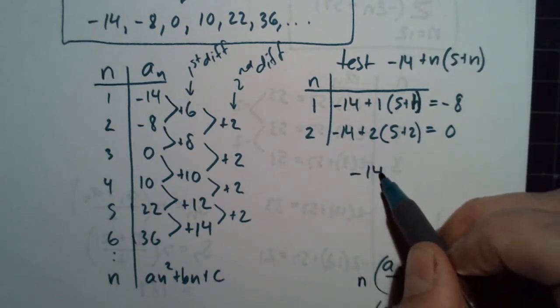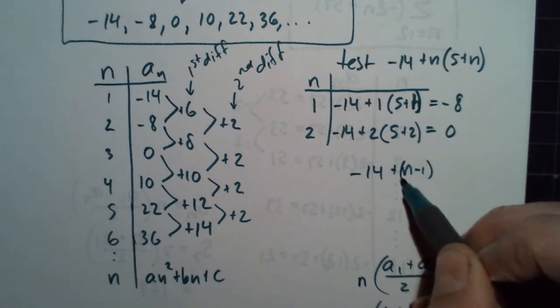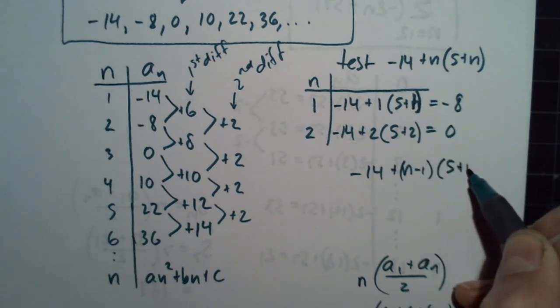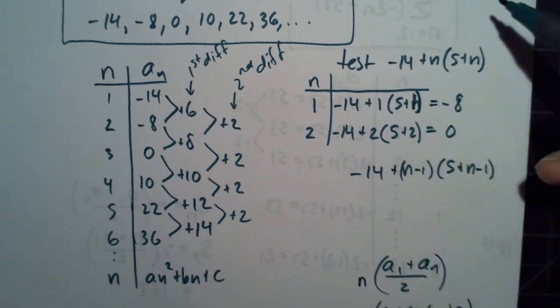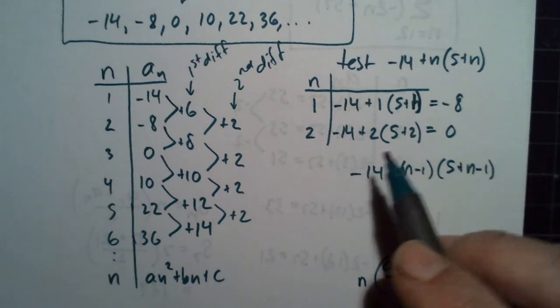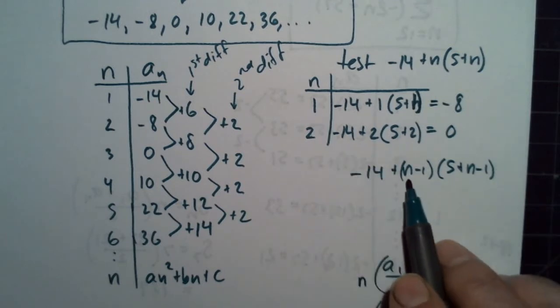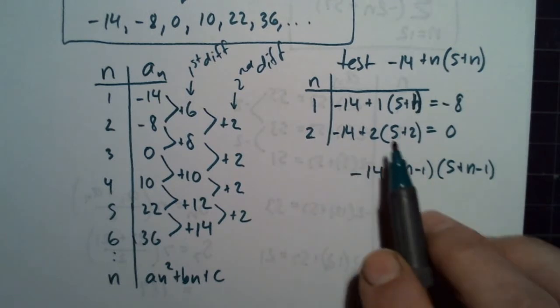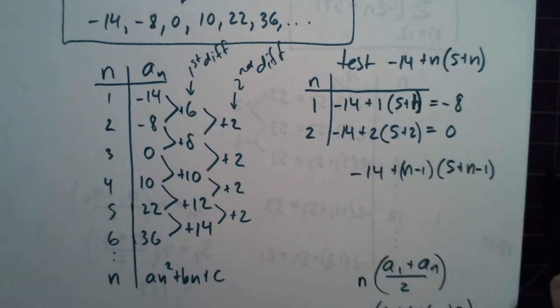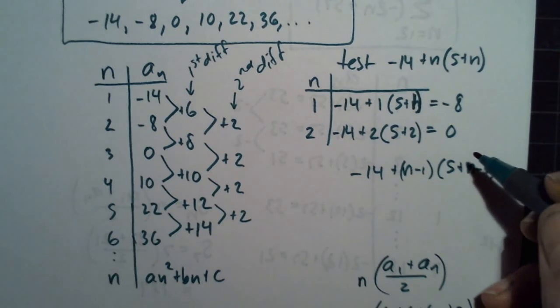So if you go negative 14, change that to an n minus 1, and change that to an n minus 1. Now when I put a 2 in, it will be like I'm putting in a 1, because if you put a 2 here, you get a 1, which we would get negative 8. So this is the quadratic model.